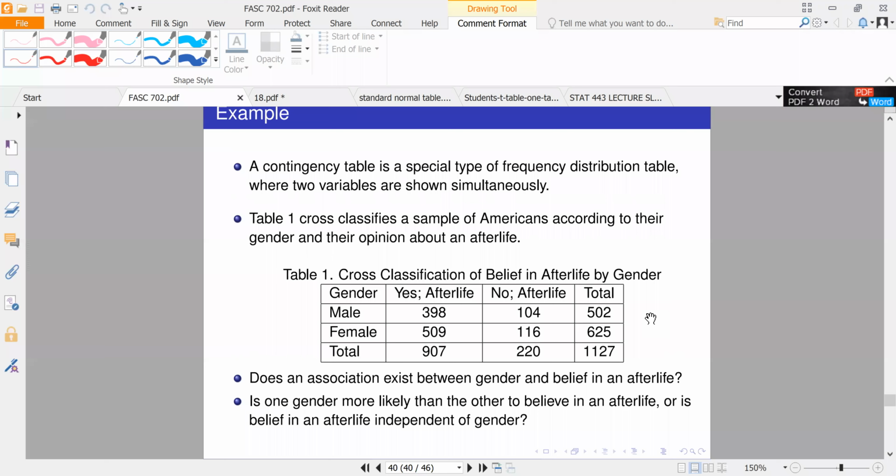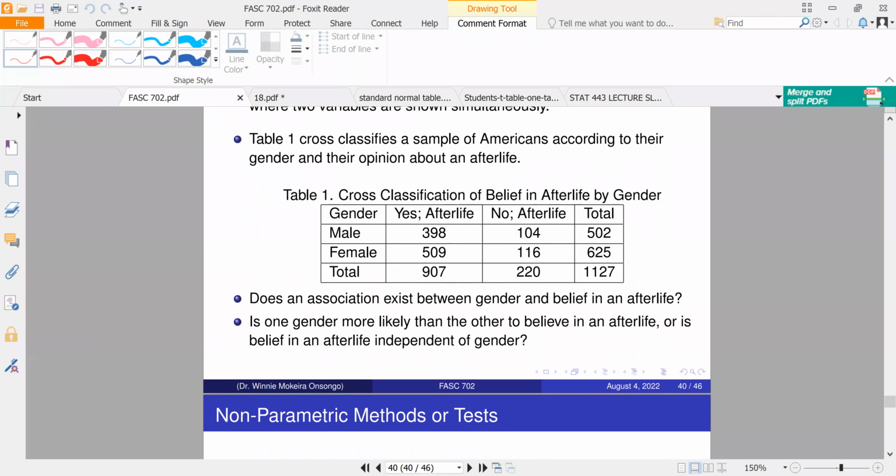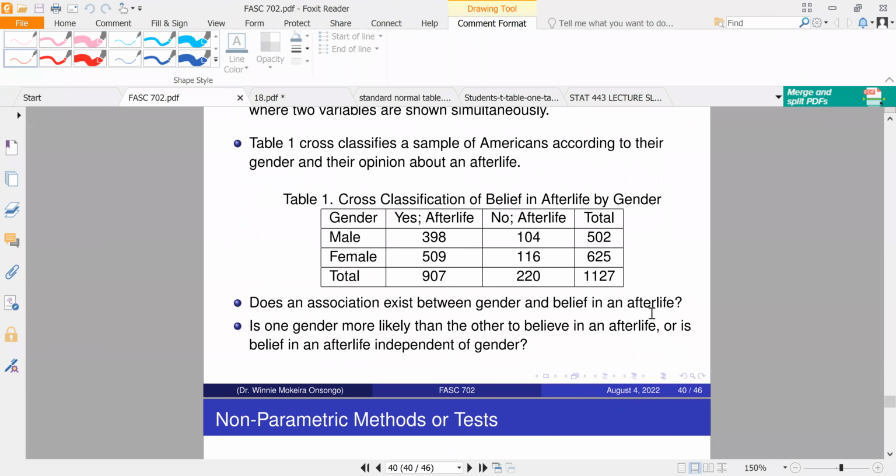Why is it that this number of people do not believe in the afterlife compared to this other number of people who believe in the afterlife? That is the kind of understanding that you'll be seeking to arrive at when you are talking about this kind of information. And I believe for most people in social sciences, this is the kind of information that they get.